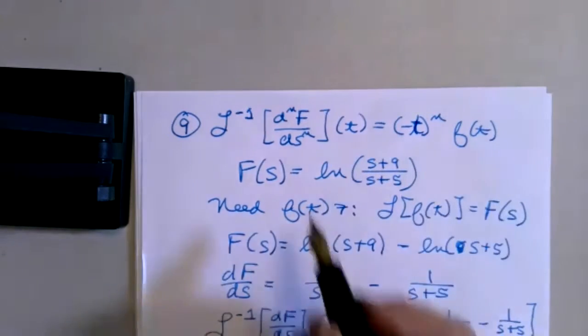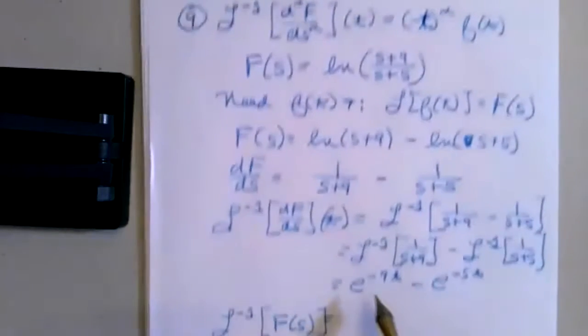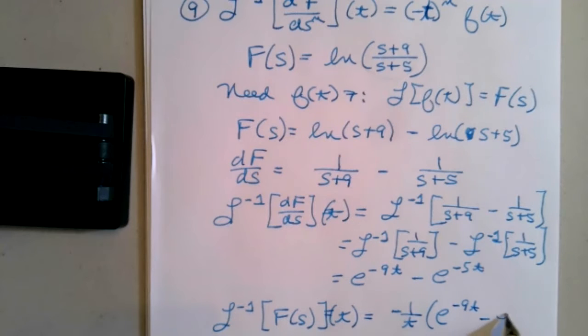So we computed the inverse Laplace transform of the first derivative of F, and we got e to the minus 9t minus e to the minus 5t. So the zeroth derivative, the inverse Laplace transform of F of s, is going to be equal to minus 1 over t times e to the minus 9t minus e to the minus 5t.